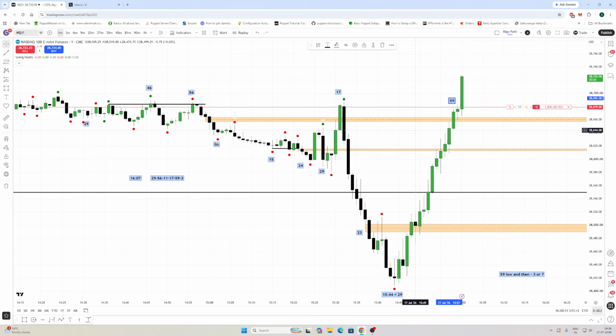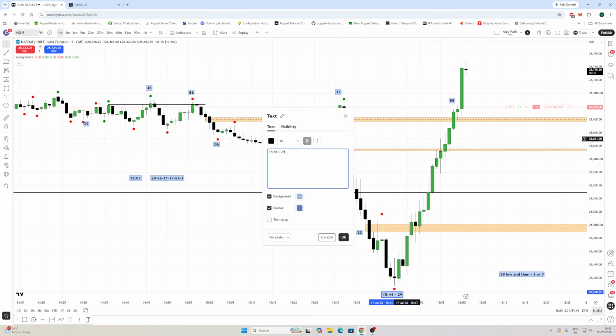Yeah, that's not good. So it considered this 1544 itself as 59 because there's no pivot here.